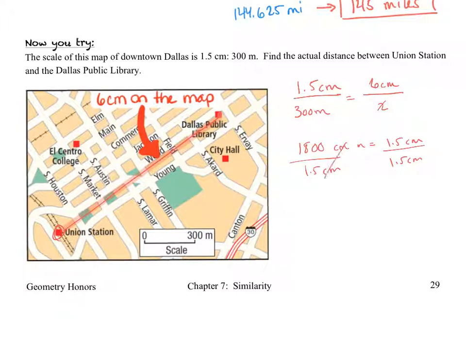So the centimeters cancel. We get 1,200 meters. Centimeters canceled, so we're left with those meters.